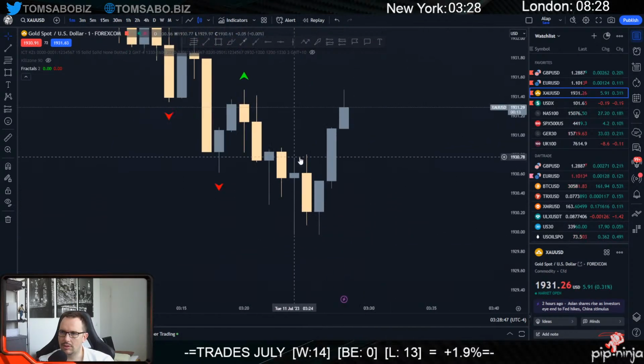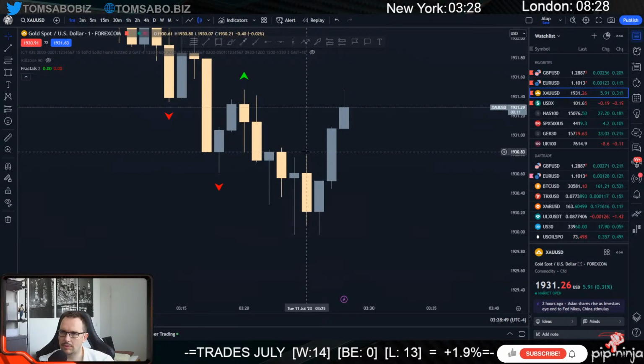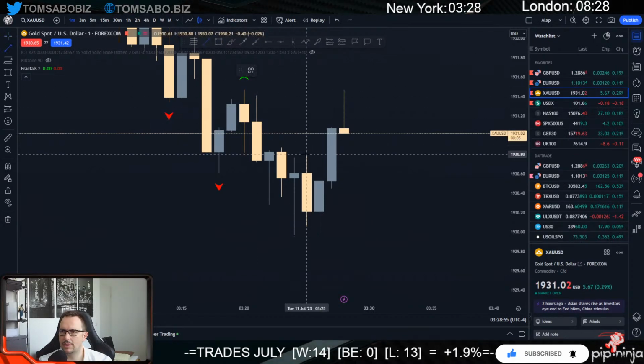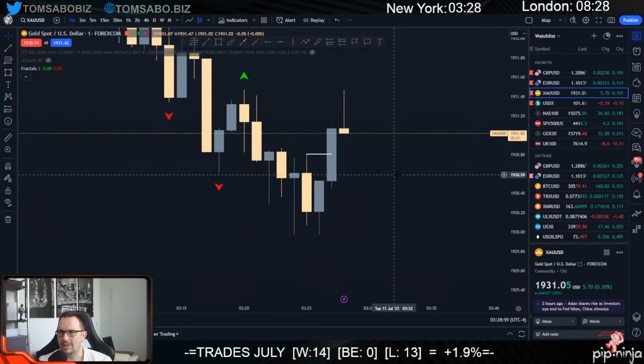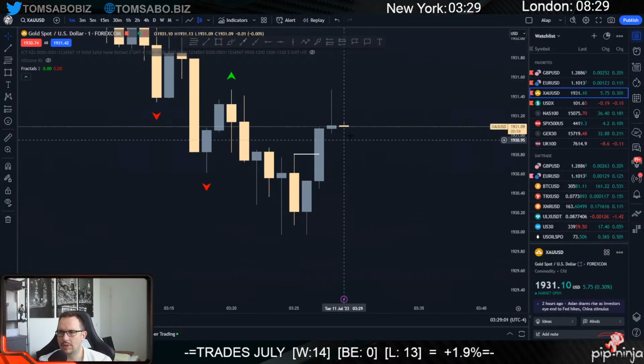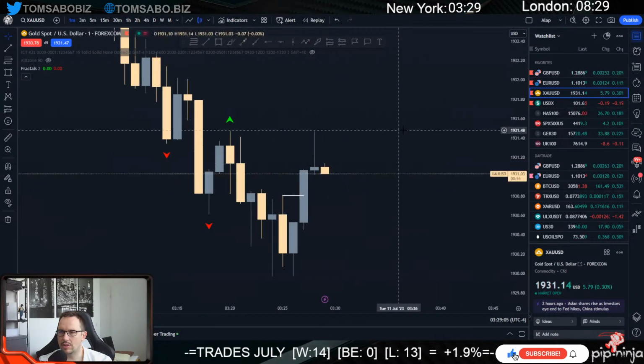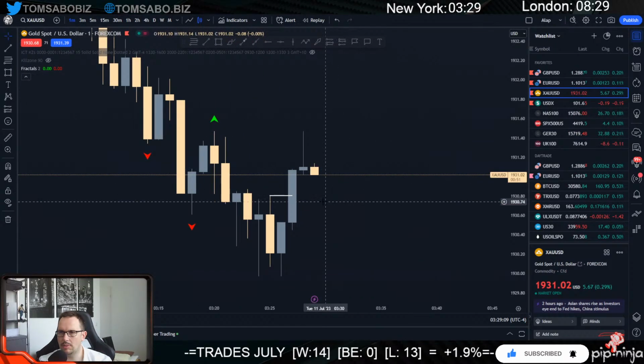If we go down deeper, this would be considered technically as a structure break. Correct me if I'm wrong. I'm not taking this trade, or should I? I don't know. So this could be considered a break of structure, maybe.